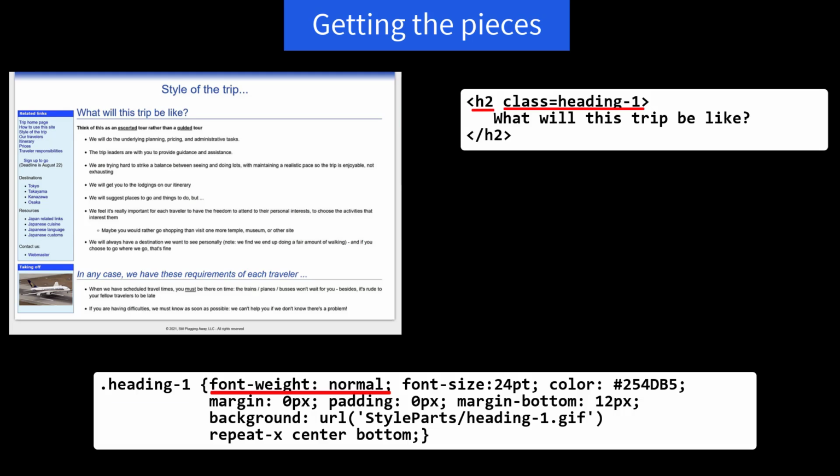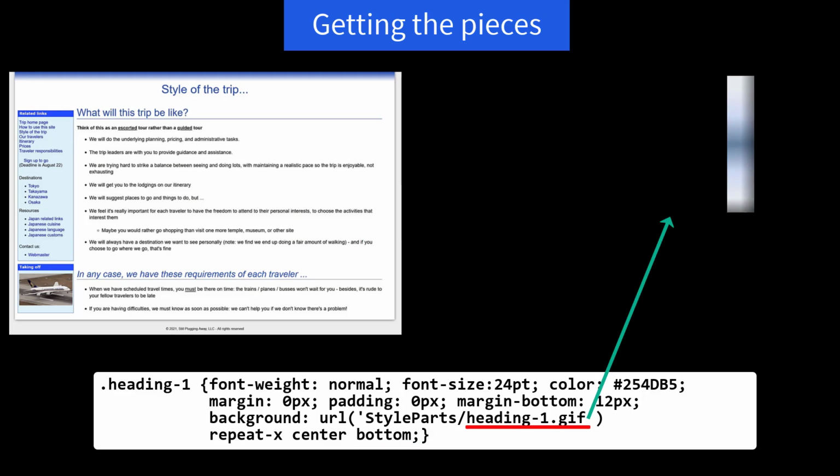Heading 1, font weight normal, font size 24 point, color #254DB5, margin 0 pixels, padding 0 pixels, margin bottom 12 pixels. Background URL styleparts/heading-1.gif, repeat X, center, bottom.